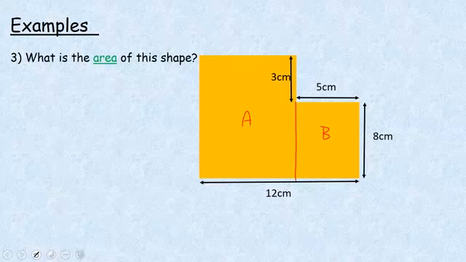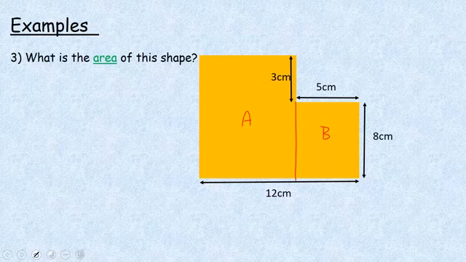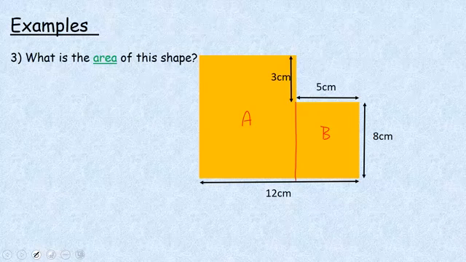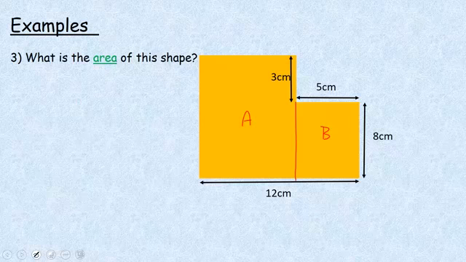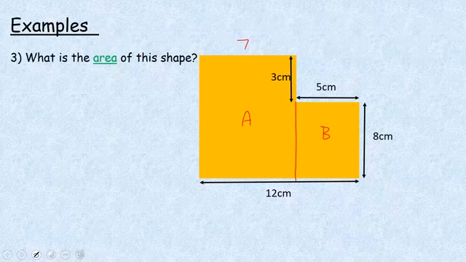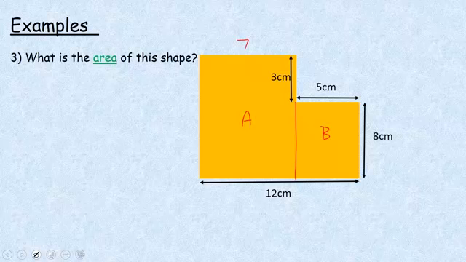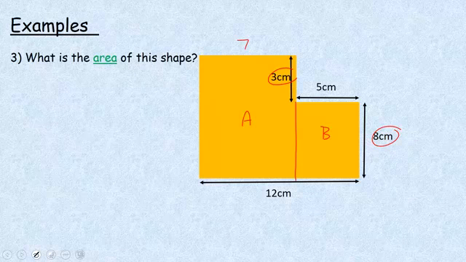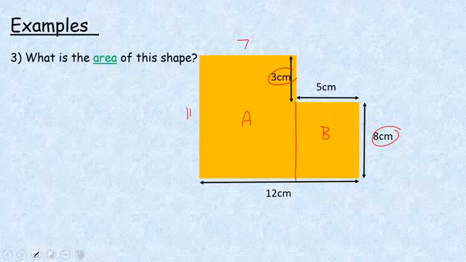So the overall width of the shape is 12, and the width of rectangle B is 5. So my width of rectangle A is 7. For the height of rectangle A, I can see that the height of rectangle B is 8, and we've got this little bit more of 3 here. So our height of rectangle A must be 11.